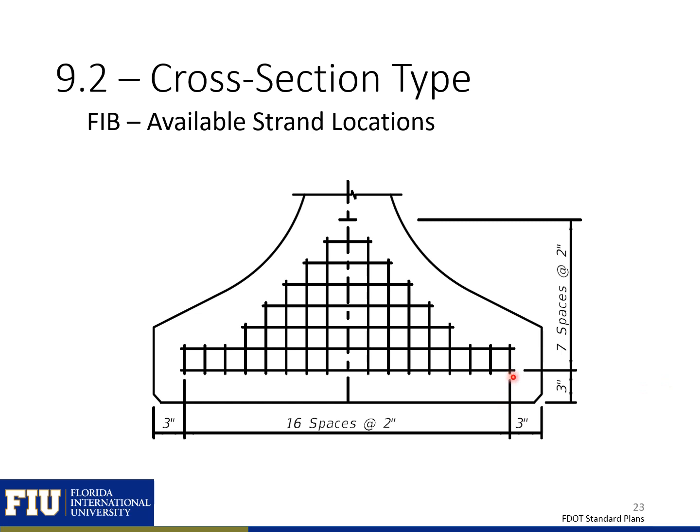The starting point of the grid and the number of available spaces in the width vary by section. Here we have 16 spaces at 2 inches for the first 2 rows, and then it decreases for each row above the first 2. Again, we would use this to lay out where we would want our strands in our design.